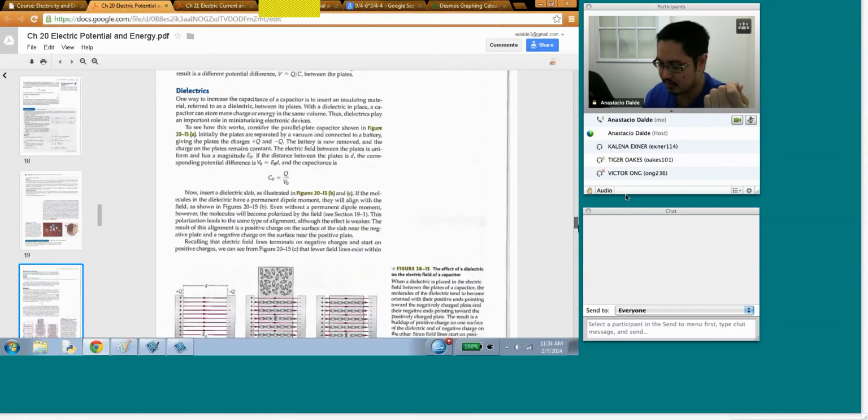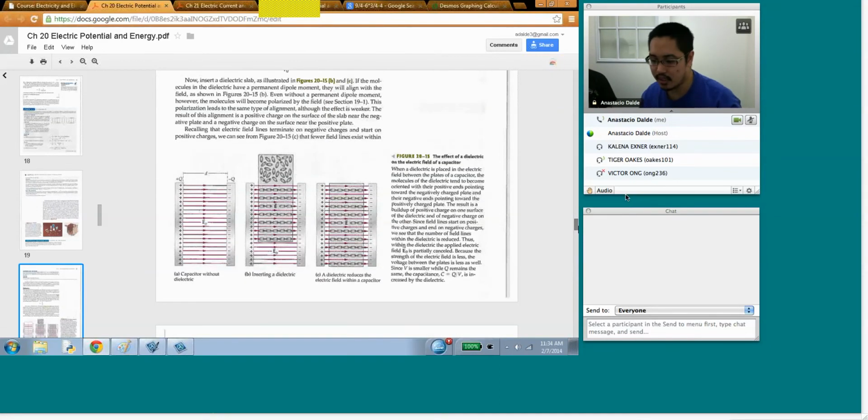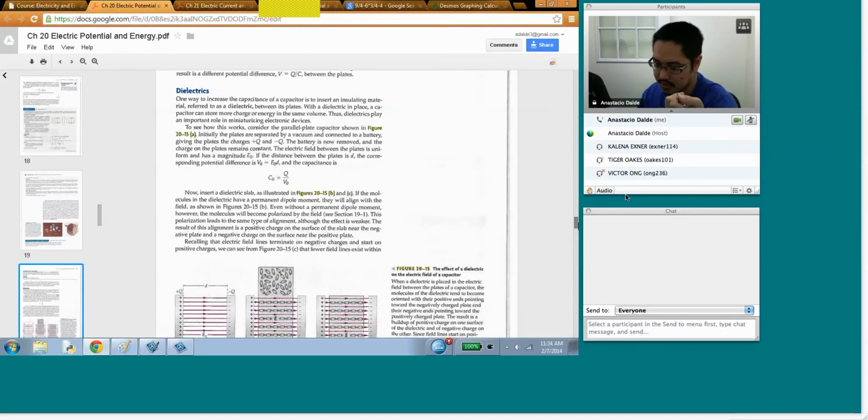of material in here. We found that there are these things called dielectrics, and a dielectric is basically some kind of material. It's the pink stuff that I use to help increase the capacitance. And here's kind of how it works.